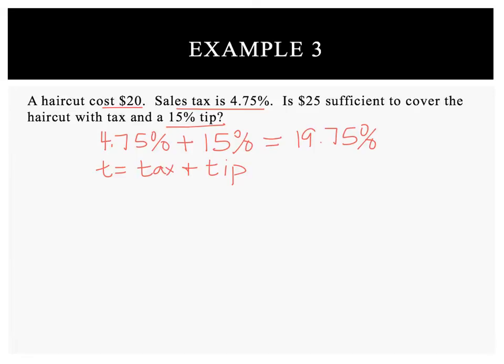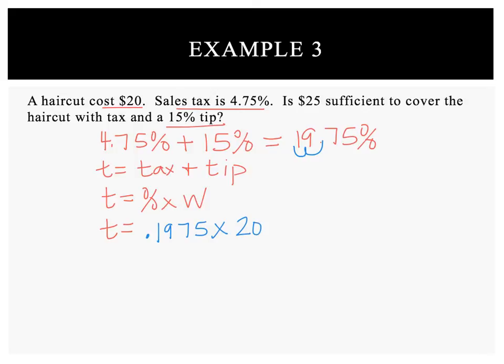And I'm going to use that percent equation again. T equals percent times whole. So T equals, I move that decimal point 2 places over, so that's 0.1975 times my whole haircut, which was $20.